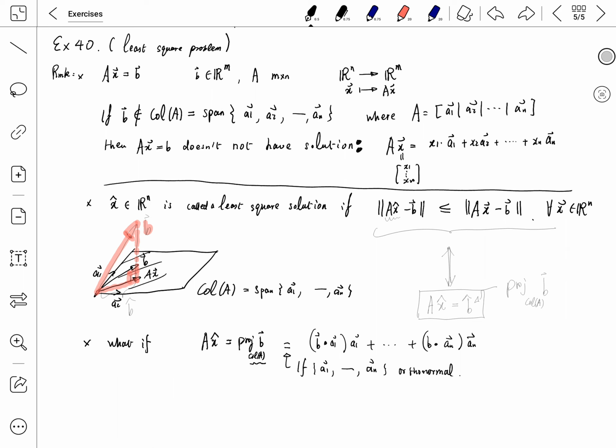But this is not the case in general, right? So it could be kind of difficult to compute this.